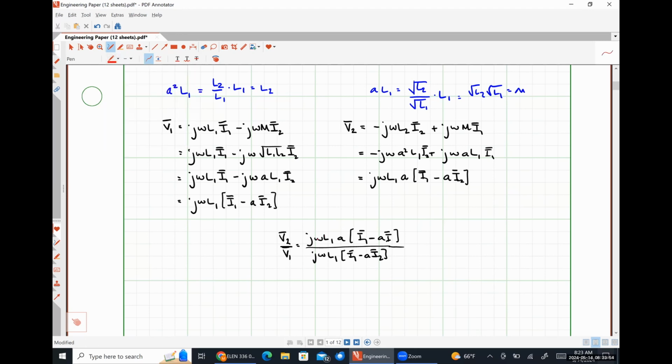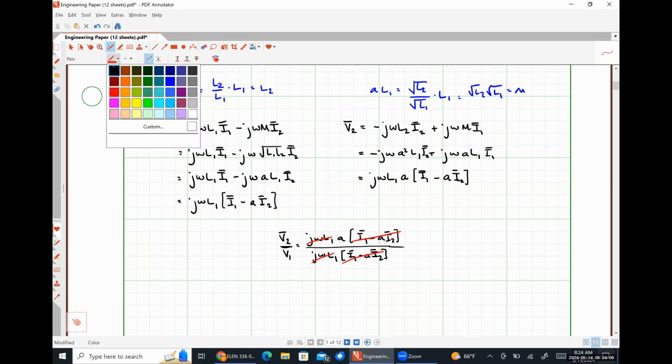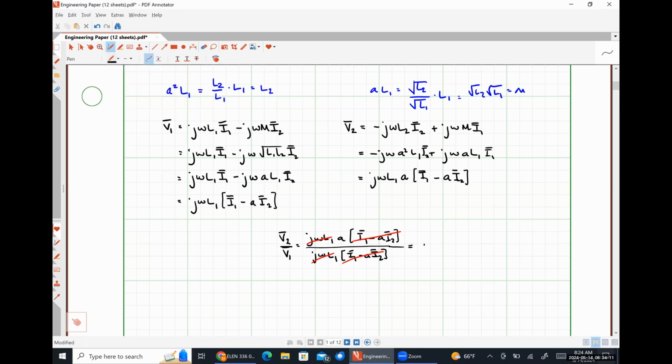And we can see that there's a common factor of j omega L1 in the numerator and the denominator. And there's a common factor of I1 minus a I2, which I did not write that 2 there. Sorry. So that the ratio of those two voltages is literally just the turns ratio. Absolutely correct.